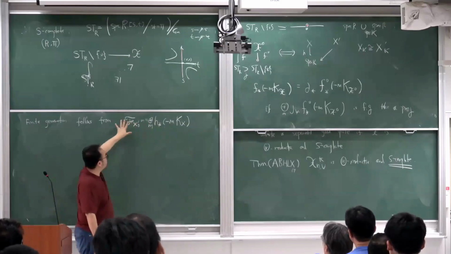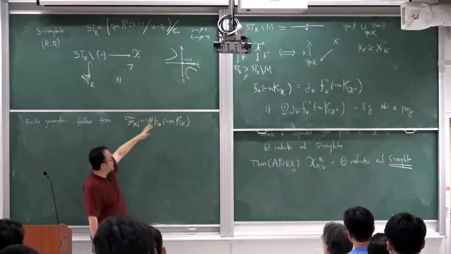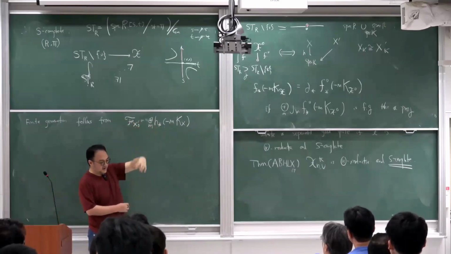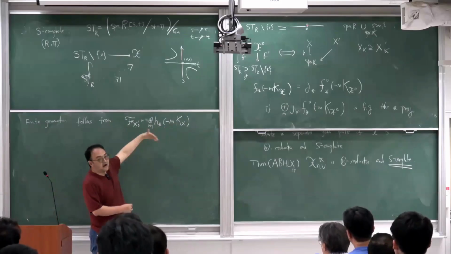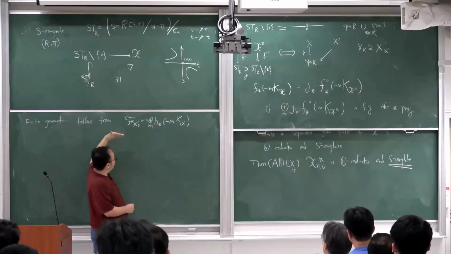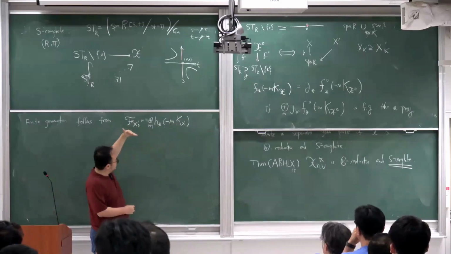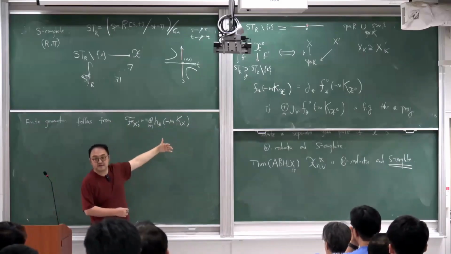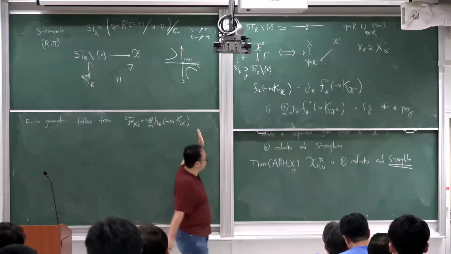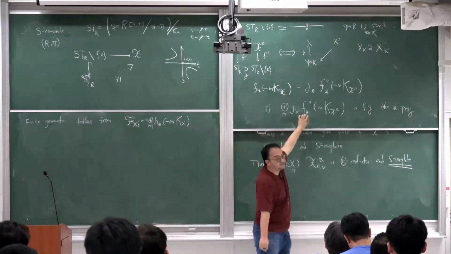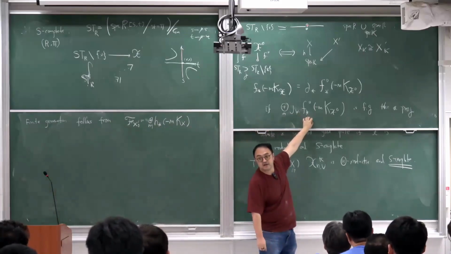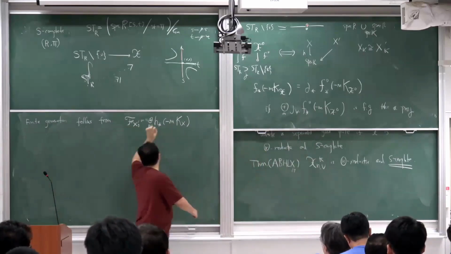And then I look at the vanishing order of X0 centered on the central fiber. Then I want to say this filtration is finitely generated. So once you have that, you can say that's essentially equivalent to the finite generation of this one. And so you just have to show finite generation of that.